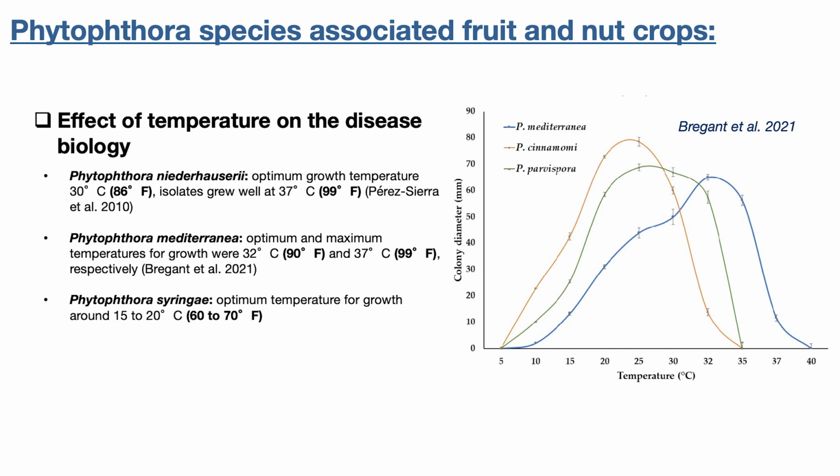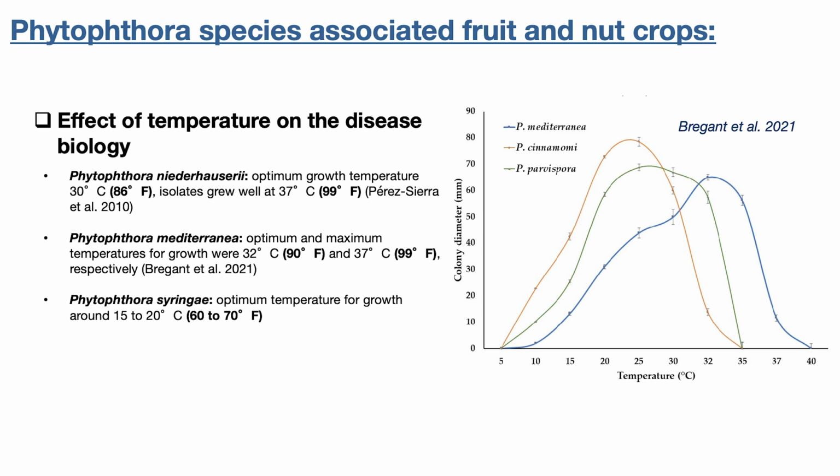This is a good example where some of these new species that seem to have emerged in recent years, nidarocereae and mediterranea, do just great at anywhere from 90 to 99 degrees Fahrenheit. So we can imagine that warmer weather and more heat waves could eventually be selecting for these Phytophthora species in our soil.